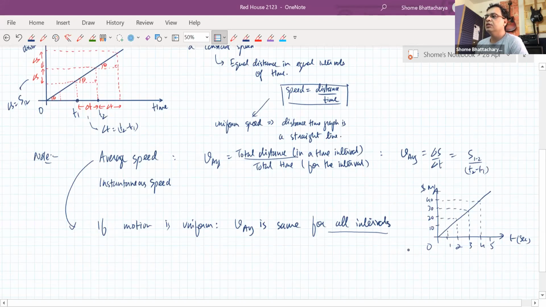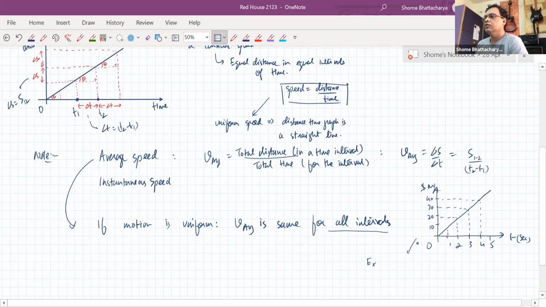So in this example, you can see that here the average speed, for example, from 0 to 1 second is 10 meters divided by 1 second. So it is 10 meters per second.